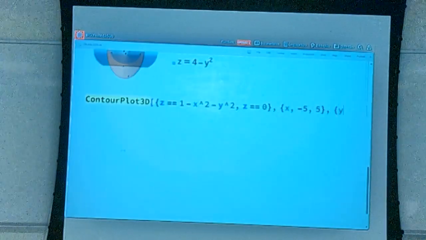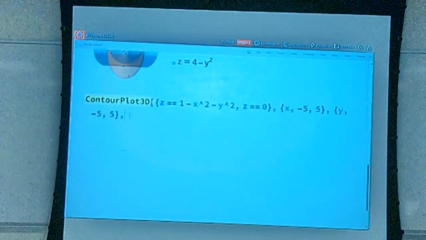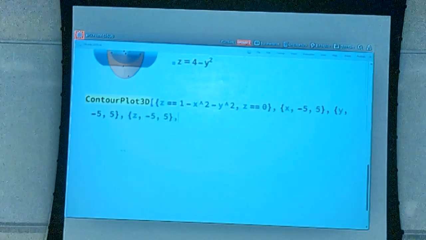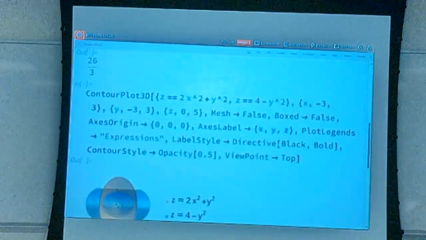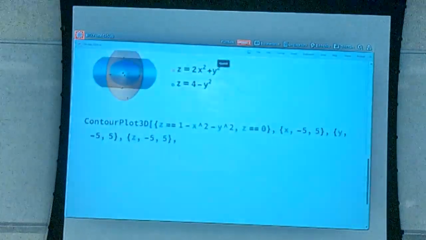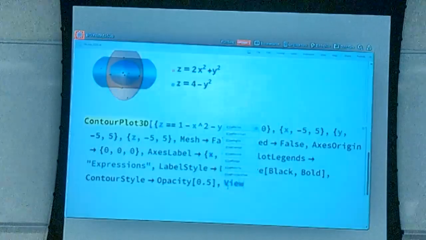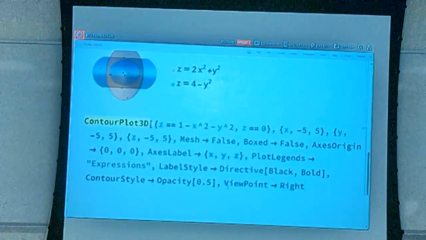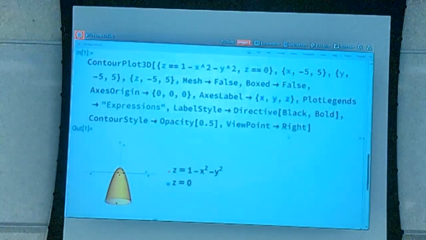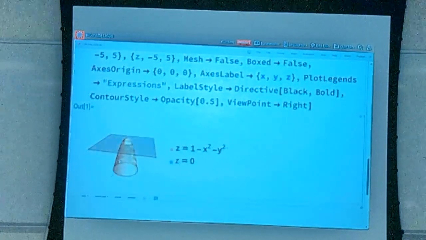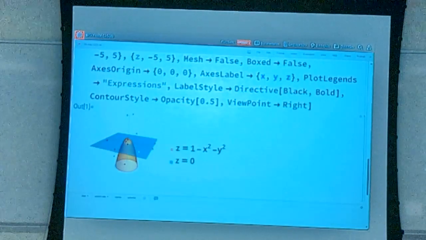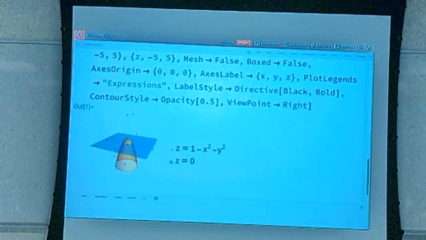Start this way. Oh, we're clearly going to switch z from 0 to something, right?